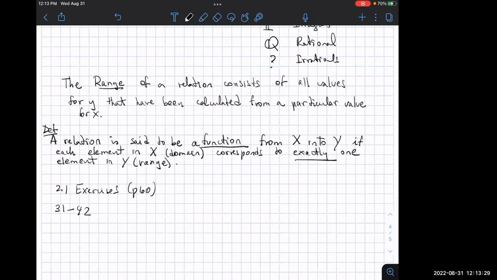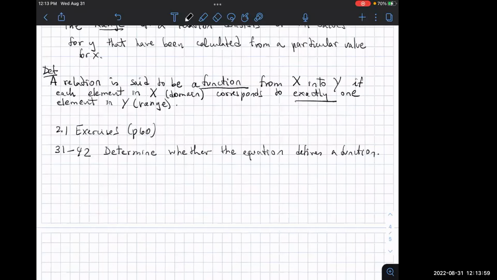Determine whether the equation defines Y as a function of X. Whether the equation defines a function. Okay, so for example, number 32. Y equals X cubed.